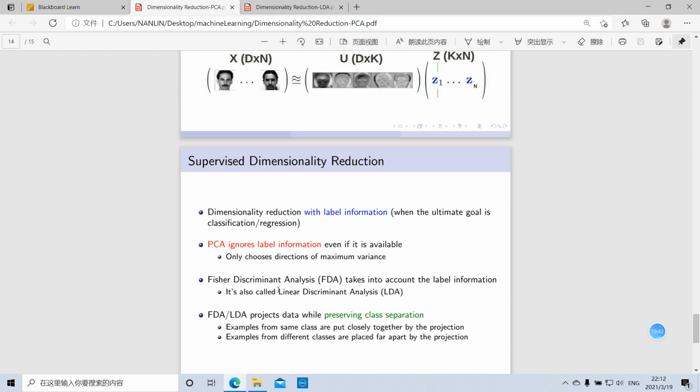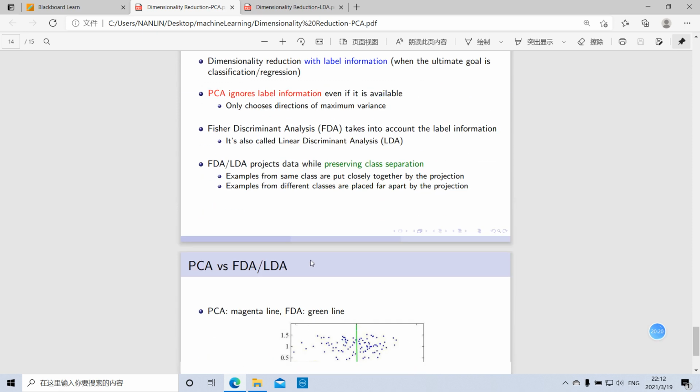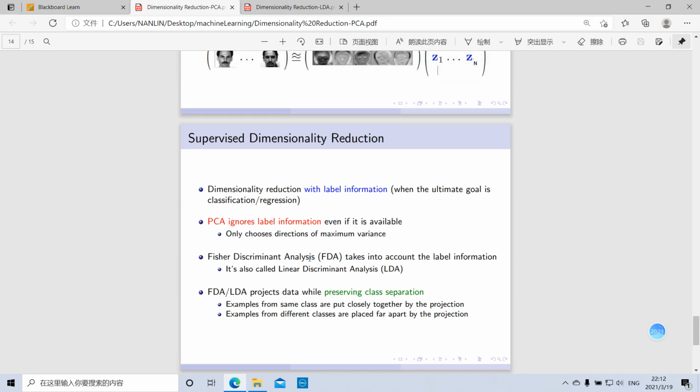It can also take label information into account. LDA normally preserves classification, putting samples of the same class together by projection. If they are not the same class, it places them further apart. Just to remind you, in principal component analysis we do not use label information. So that more or less covers dimension reduction.